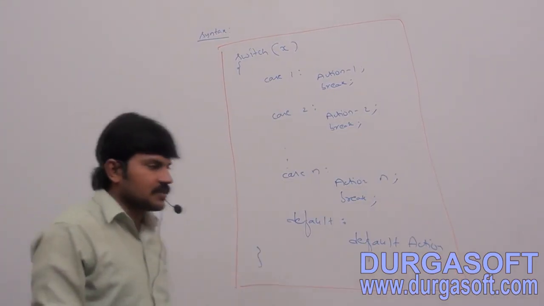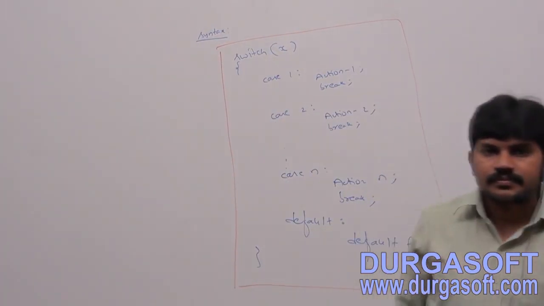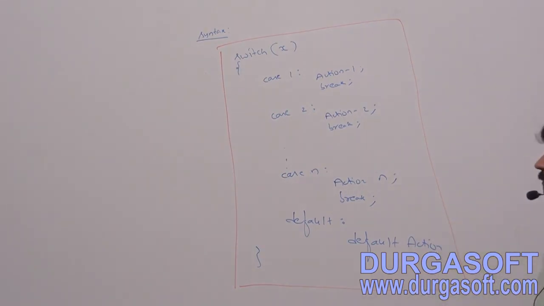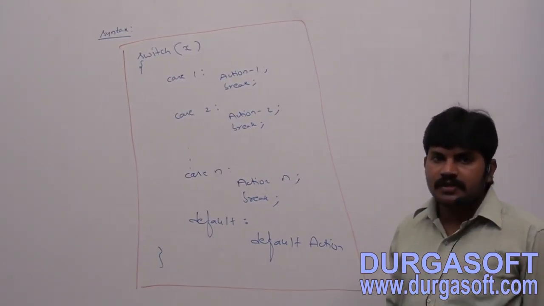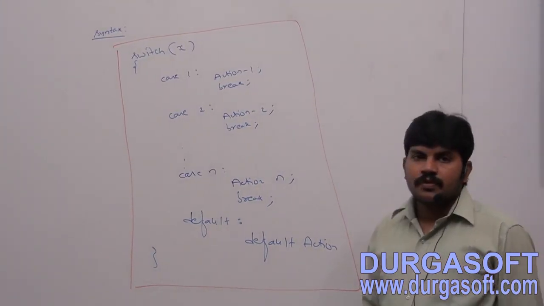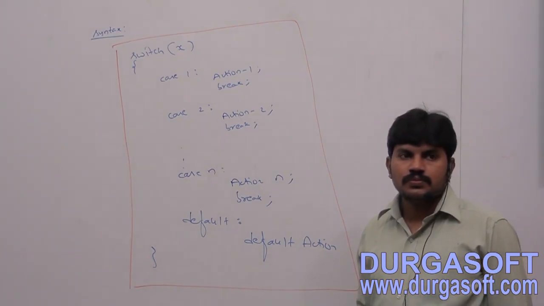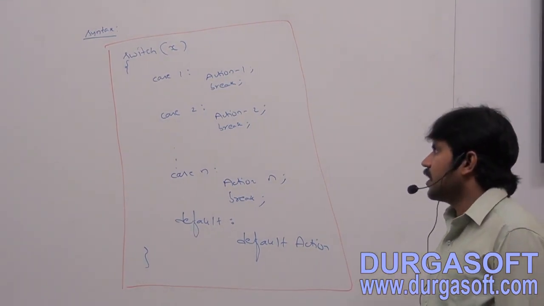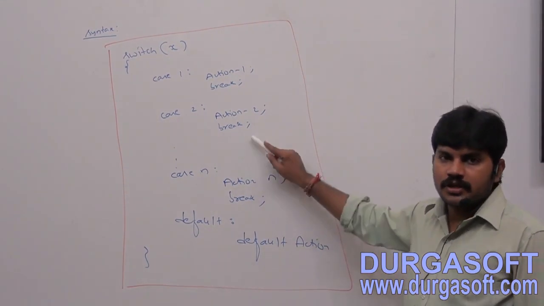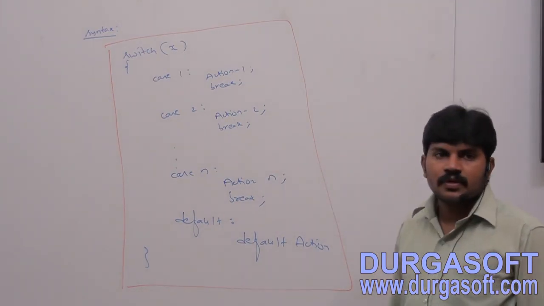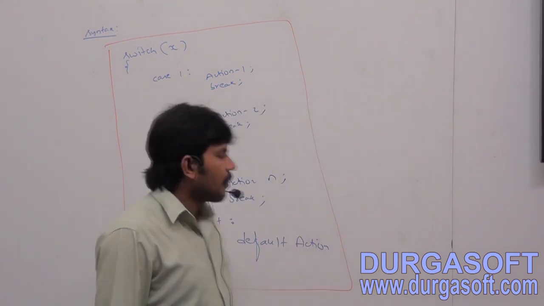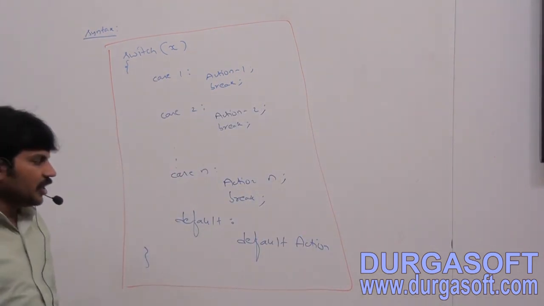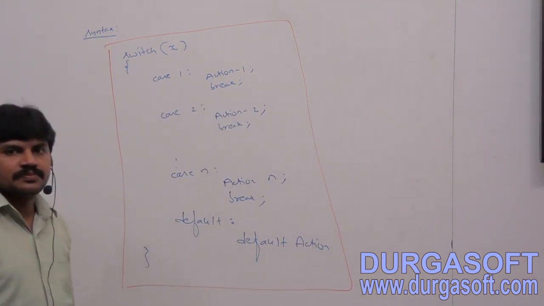First, take this syntax. Switch of x. Case 1, case 2: case 1, action 1, break. Case 2, action 2, break. Case n, action n, break. Default action.